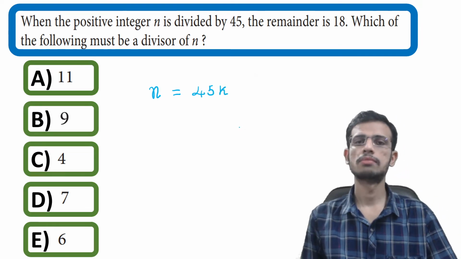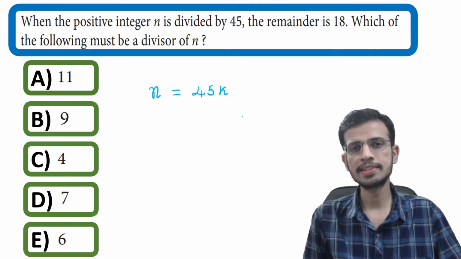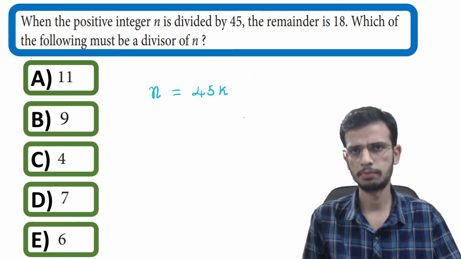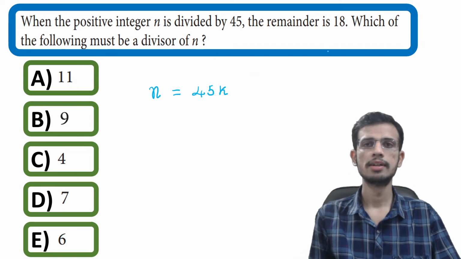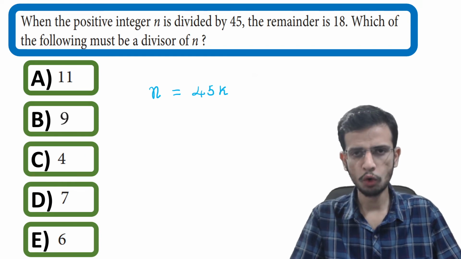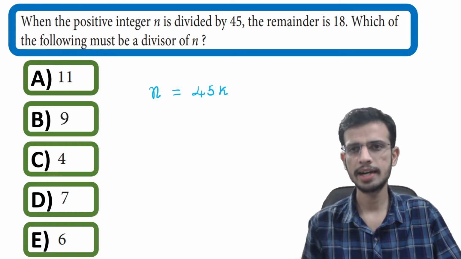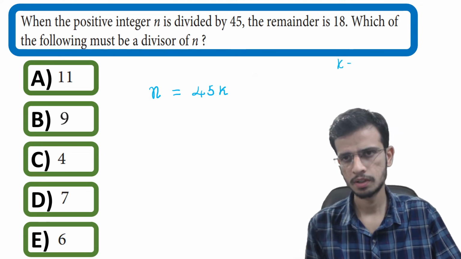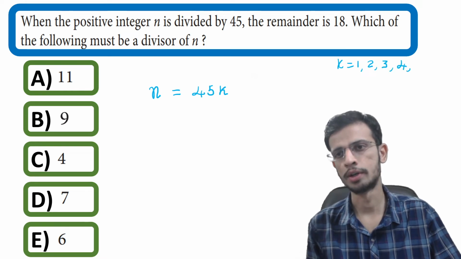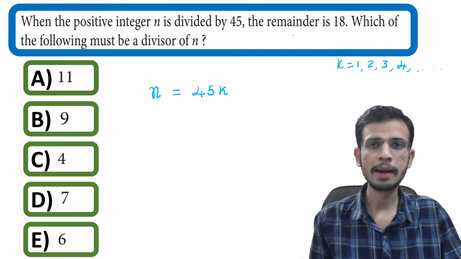Suppose I am just telling this for example. If any positive integer n is perfectly divided by 45, it means it will be a zero remainder case. So we can write n equal to 45 times k. What is k? k will be a positive integer. k can be 1, it can be 2, it can be 3, and so on. But in this case, it has a remainder of 18.